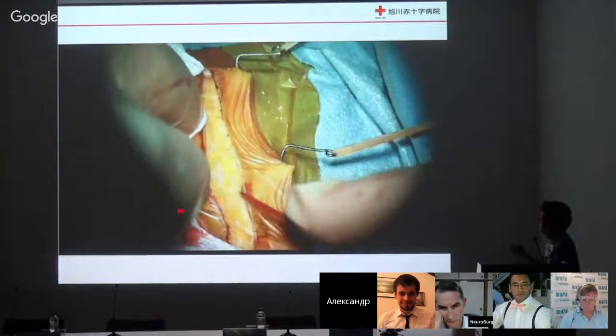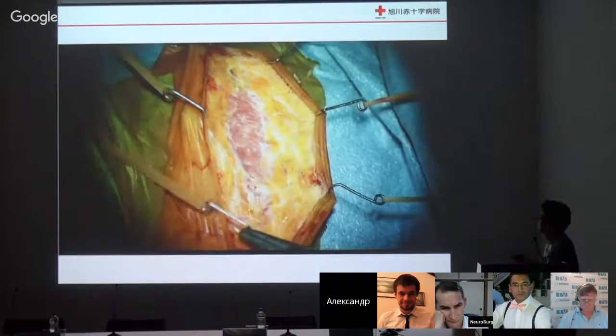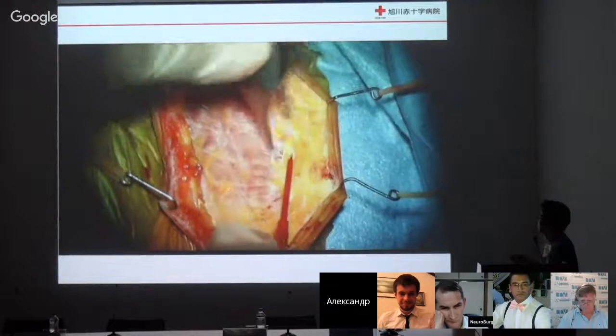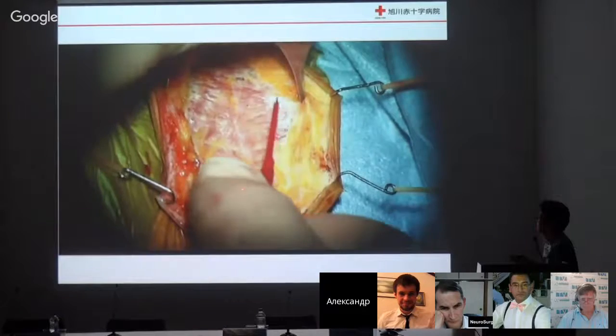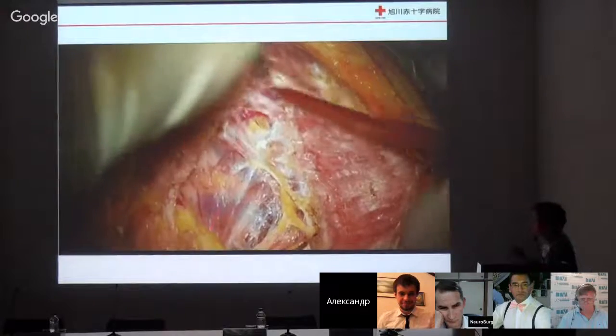Okay, then move to cervical dissection. This section is similar to carotid endarterectomy.